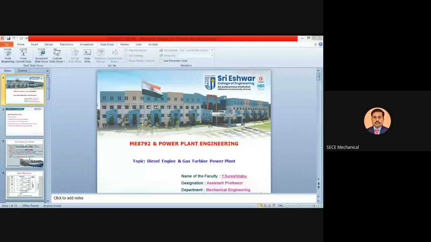Standby sets are required for emergency purposes in hospitals, telephone exchanges, radio stations, and cinemas. In most places you can see diesel engine power plants. Gensets are commonly used for emergency purposes.